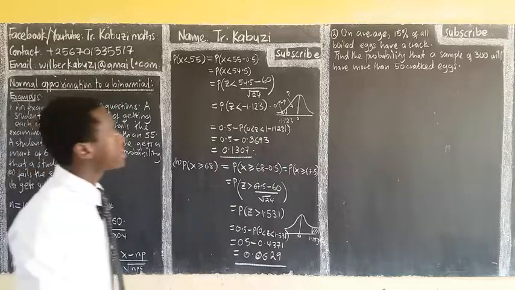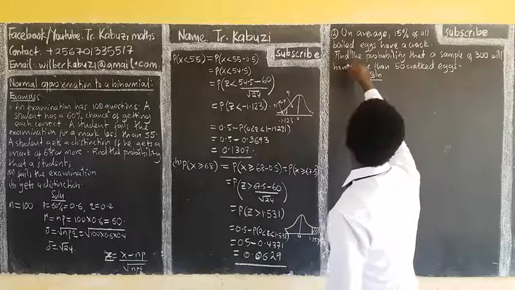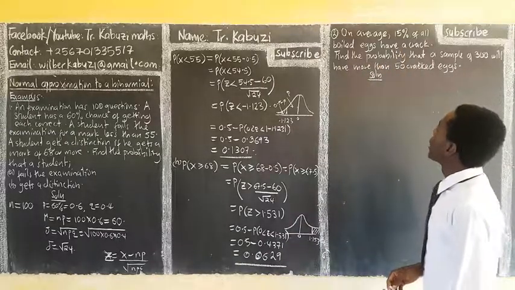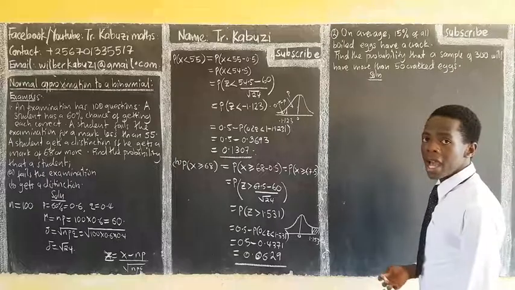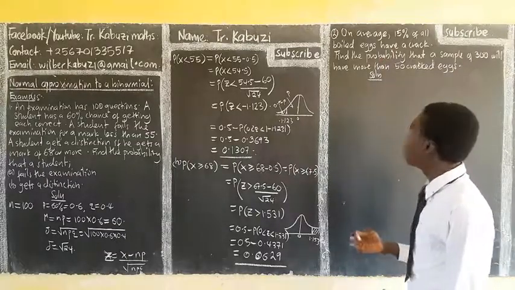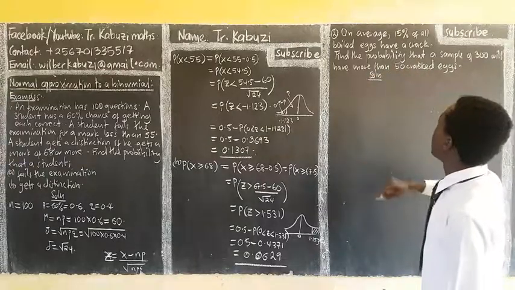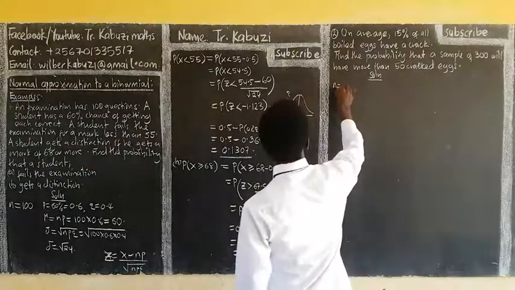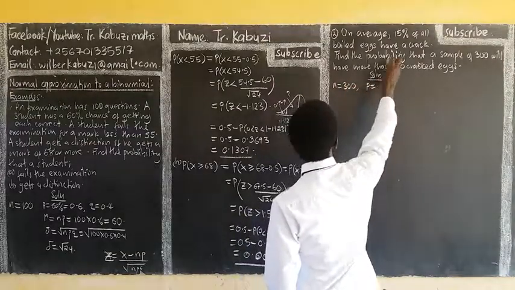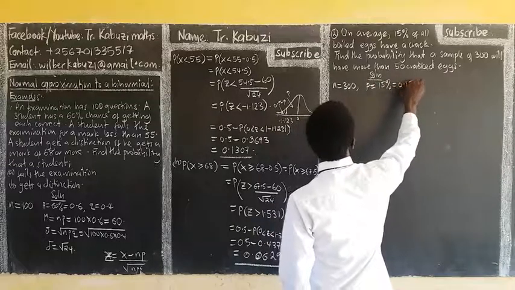And then after that, we come to this next question. They are telling us that on average, 15% of boiled eggs have a crack. So their probability of success is for an egg to have a crack. Find the probability that in a sample of 300, so now they are giving us n, 300, our probability of success is for having a crack, which is 0.15.